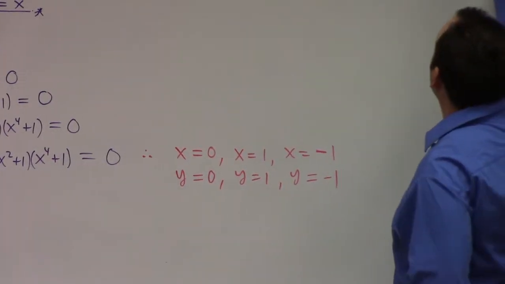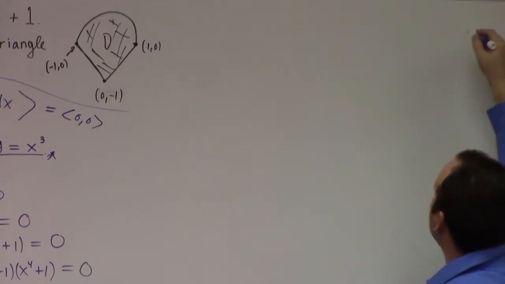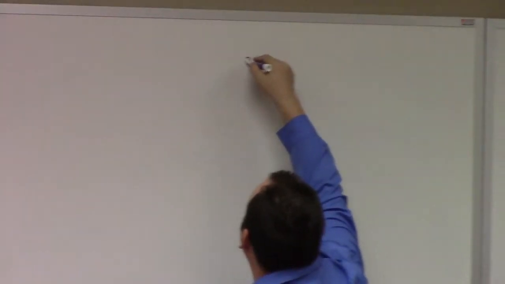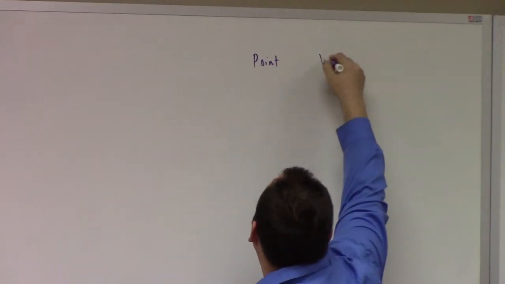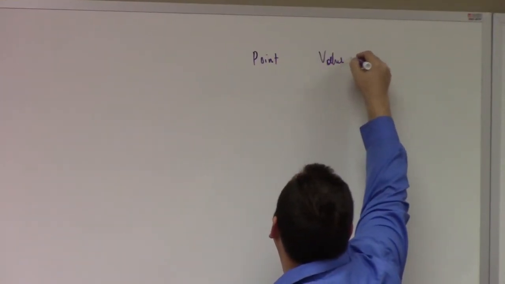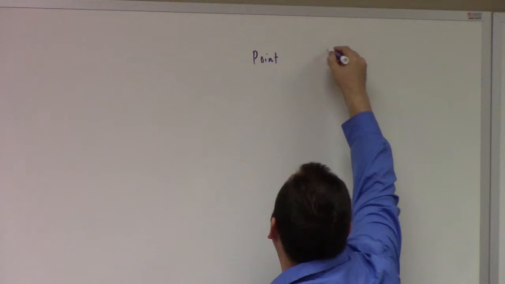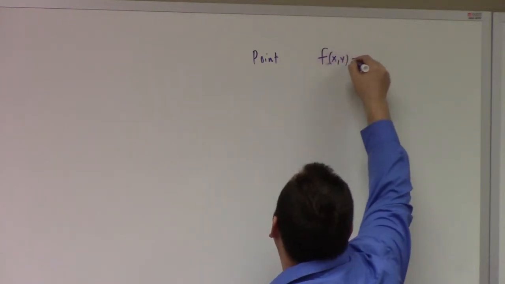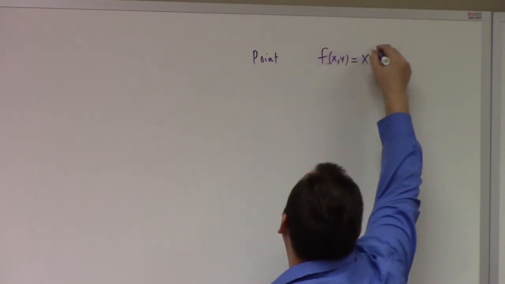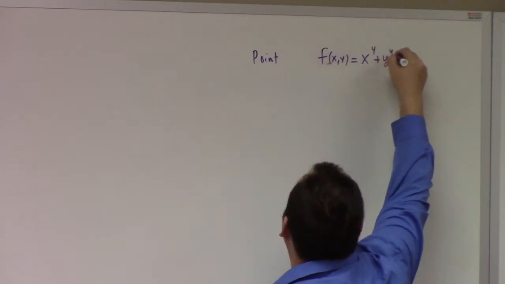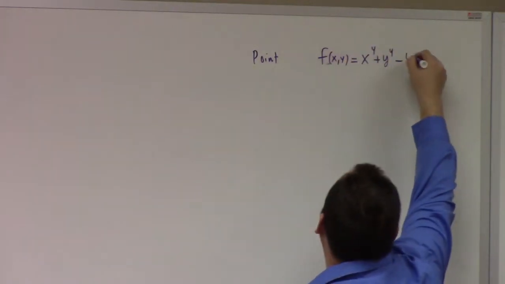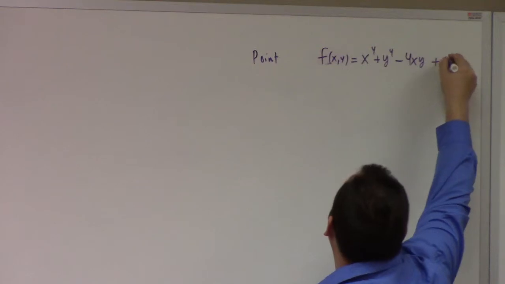So let's see here. Make a list of our values. So we got point, value. So I'm going to plug in what? F of x, y equals x to the 4th plus y to the 4th minus 4xy plus 1.